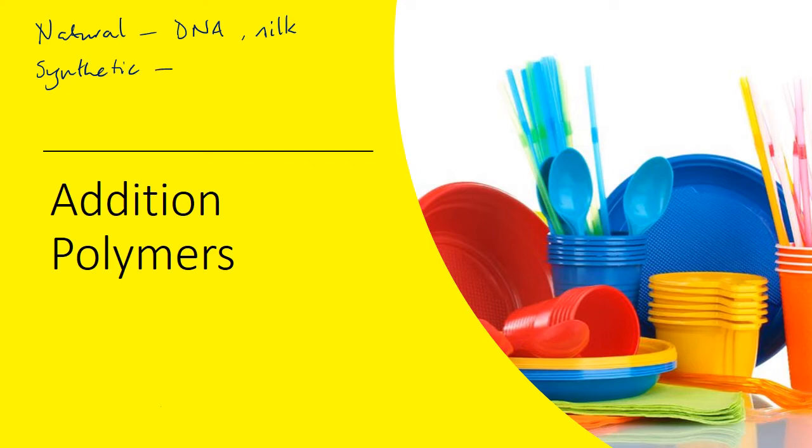And synthetic polymers, let's say going back to the 19th century, you made hard rubber, an artificial silk, and then in the 20th century we had new polymers such as nylon and Kevlar. Nylon as in clothes, Kevlar as in bulletproof vests.